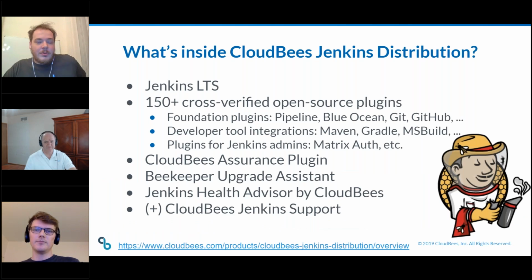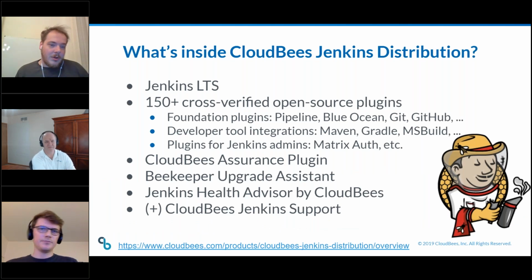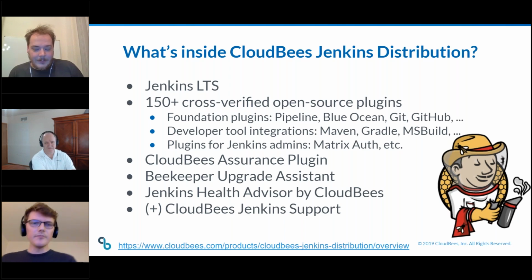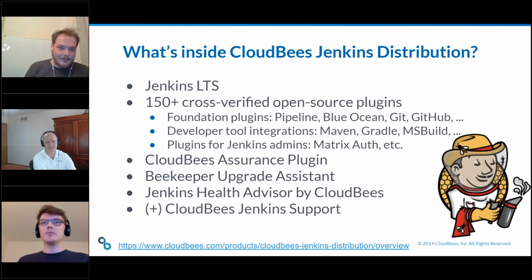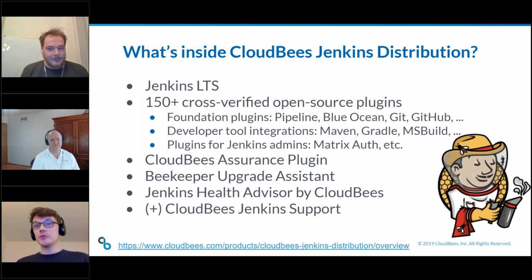So we could probably speak about them and see how JCasC and these features work together. Yeah, sure. So the CloudBees Jenkins distribution is, as you said, mostly open source. We just added a few features on it that can benefit your lifecycle with Jenkins.